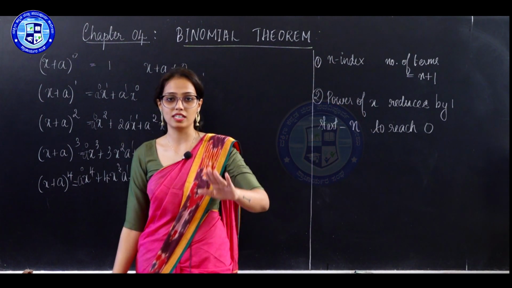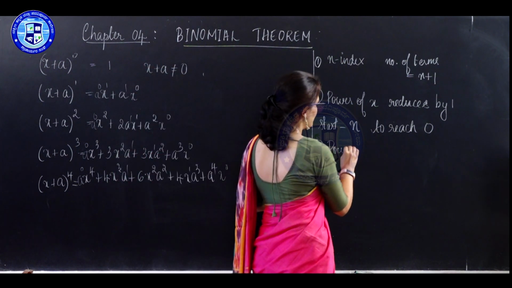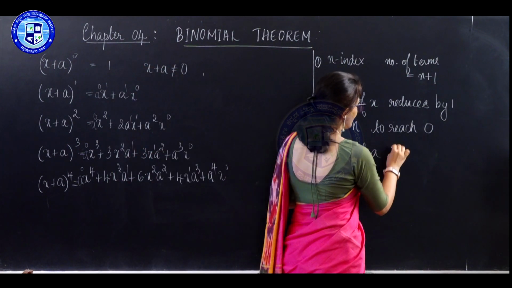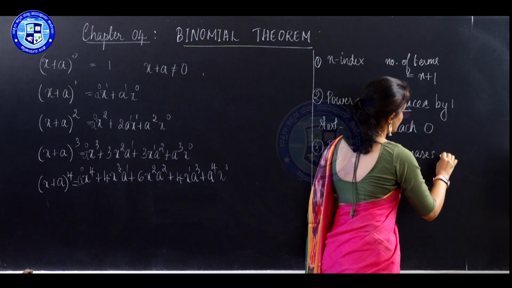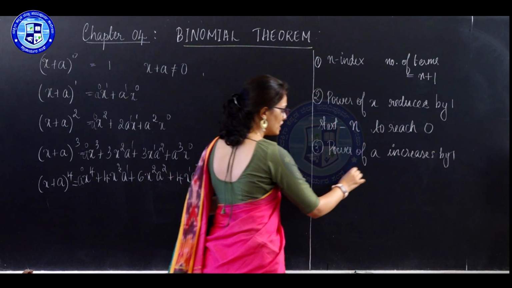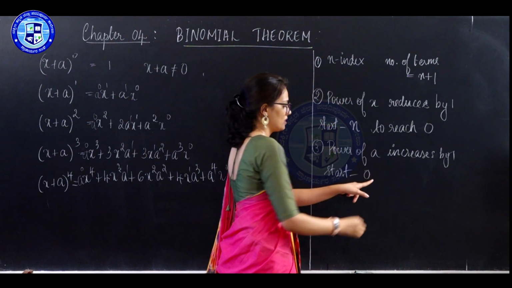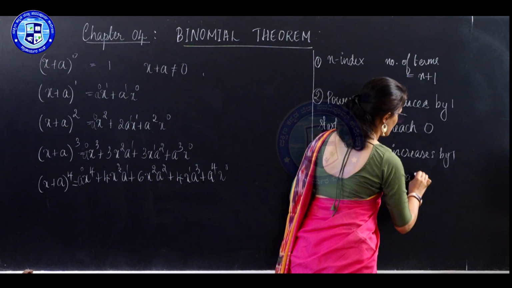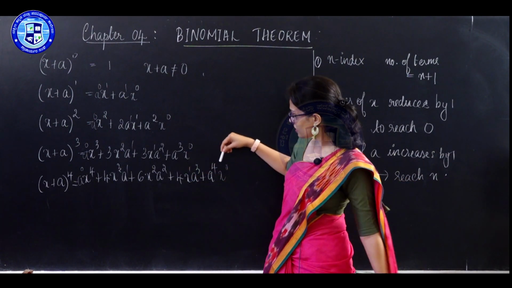So what is happening here? The power of a increases by 1 for each successive term. So we start with 0 and we reach n. For the last term, we will have a to the power n.